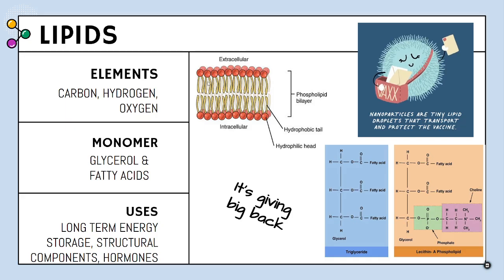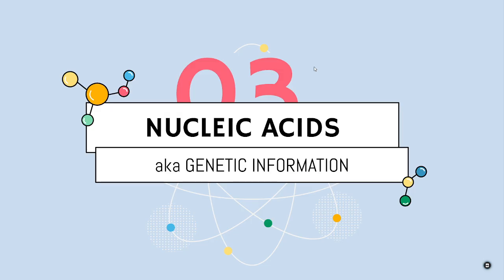A healthy phospholipid bilayer also allows different materials to move into the cell and out of the cell. So besides long-term energy storage, different lipids allow for increased structural integrity of that protective shell of our cell. We're going to get way more into that when we go into the cell unit.